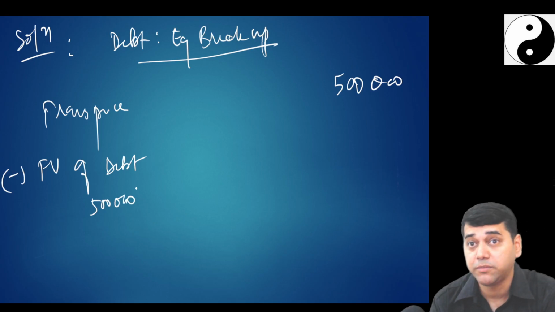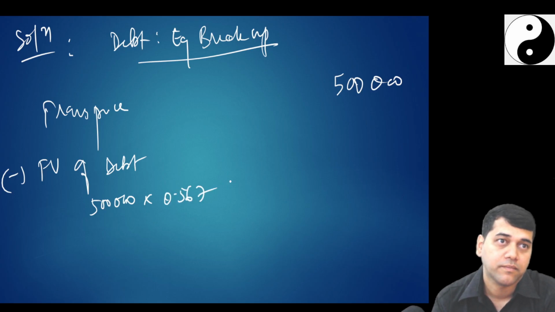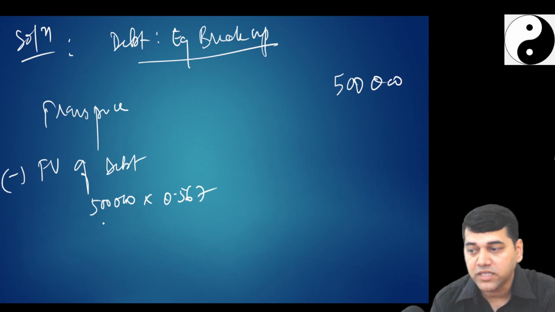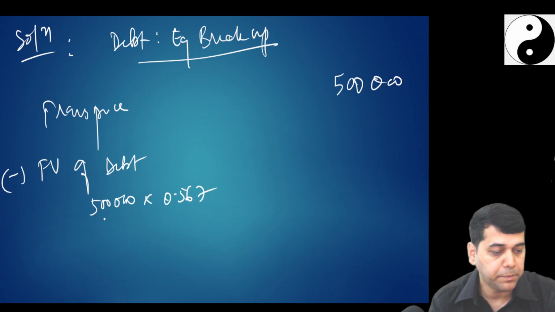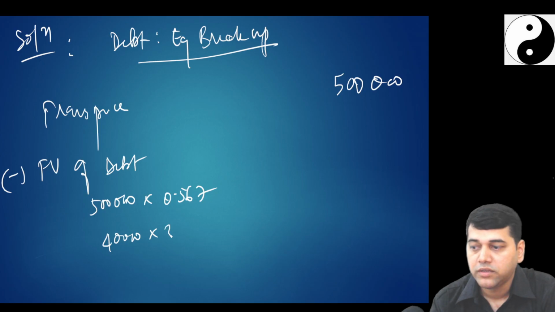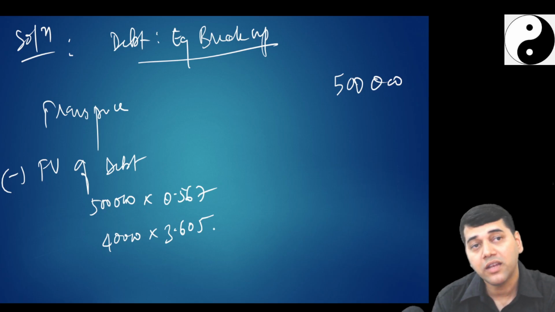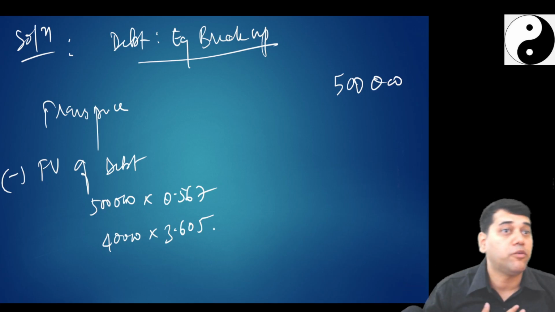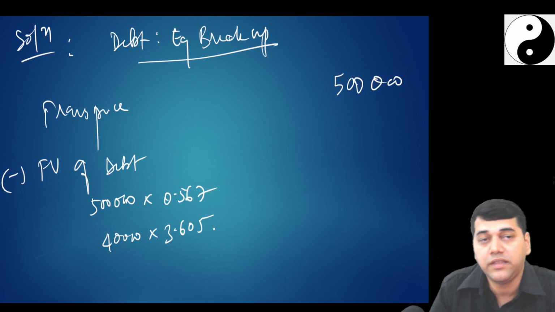Yes, it's a convertible option, not compulsorily convertible, so at 12% the present value factor is 0.567. Do I have interest? Yes. How much? On 5 lakh, 8% contractual cash flow, 40,000 into 3.605. These are all compulsory for me to pay unless they opt for conversion. And when they opt, God knows.